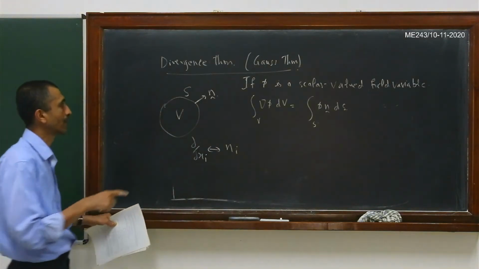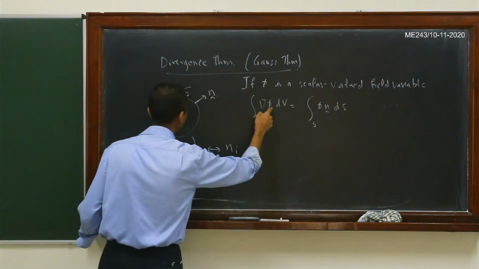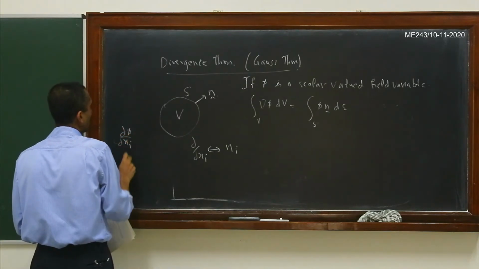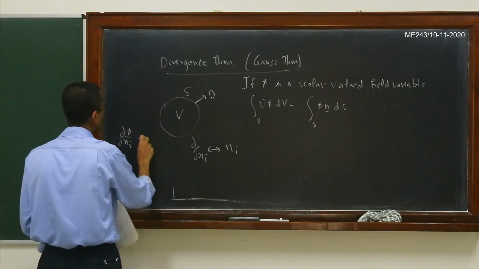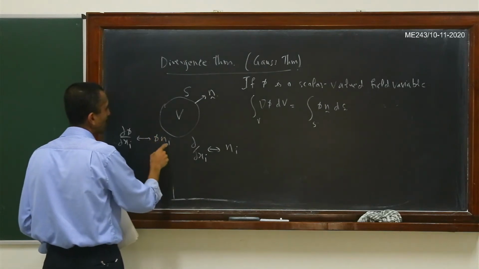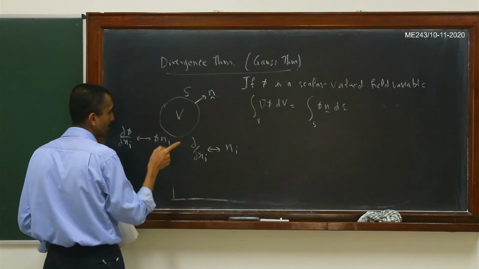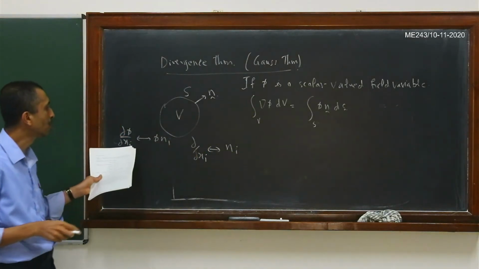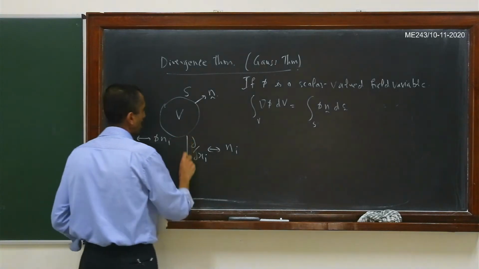So here, for example, del phi, the ith component of that is del phi by del xi, right? And then that goes to phi times ni, right? And so phi times ni is actually just the component form of phi times n times ds. So we will use this particular sort of recipe.